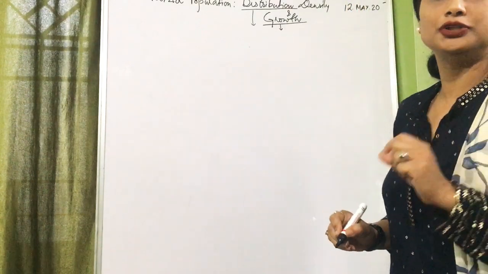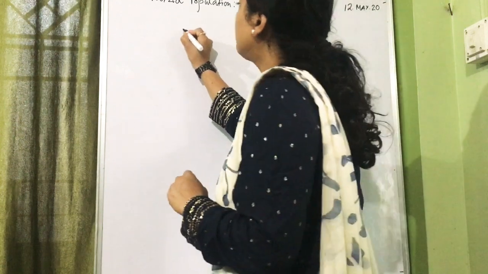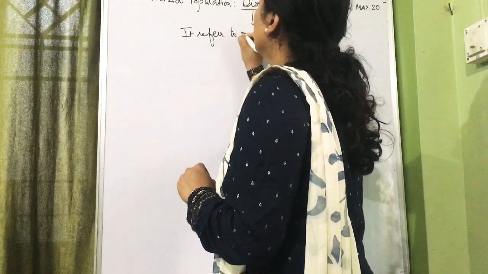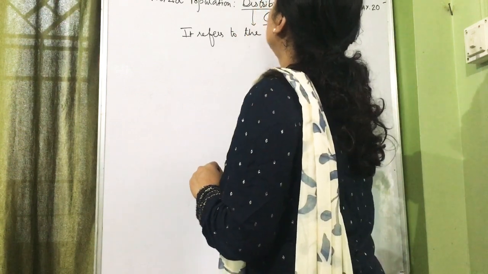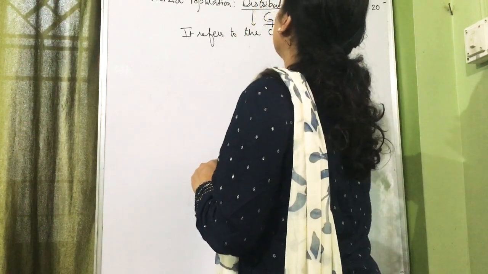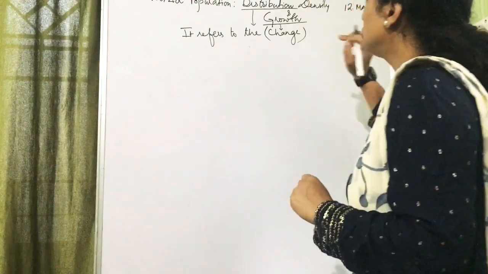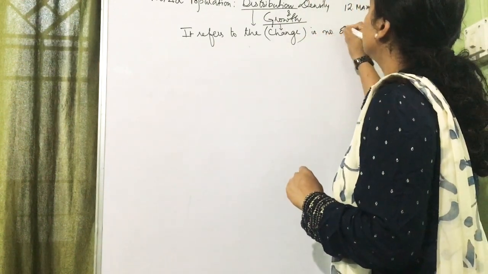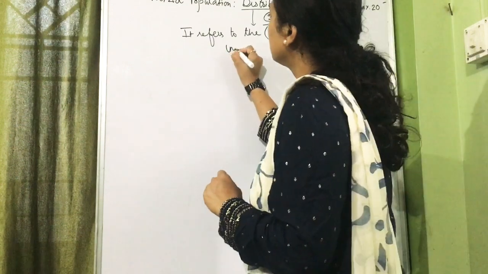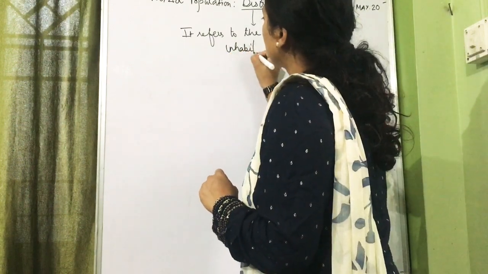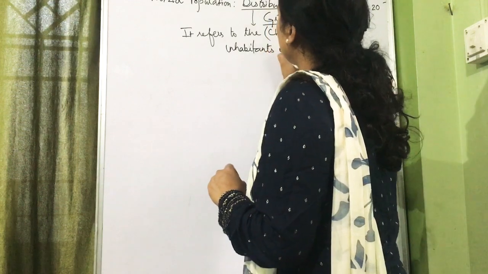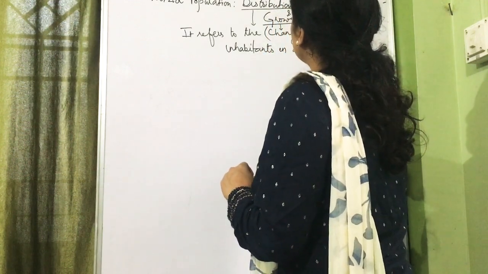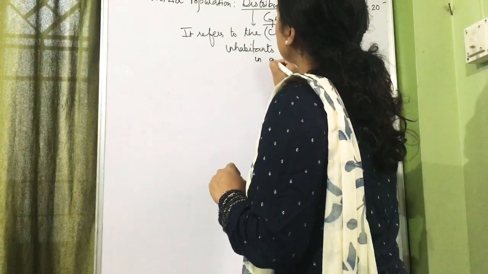What does the word population growth mean? It refers to the change. Population growth refers to the change in the number of inhabitants in an area in a specific period.